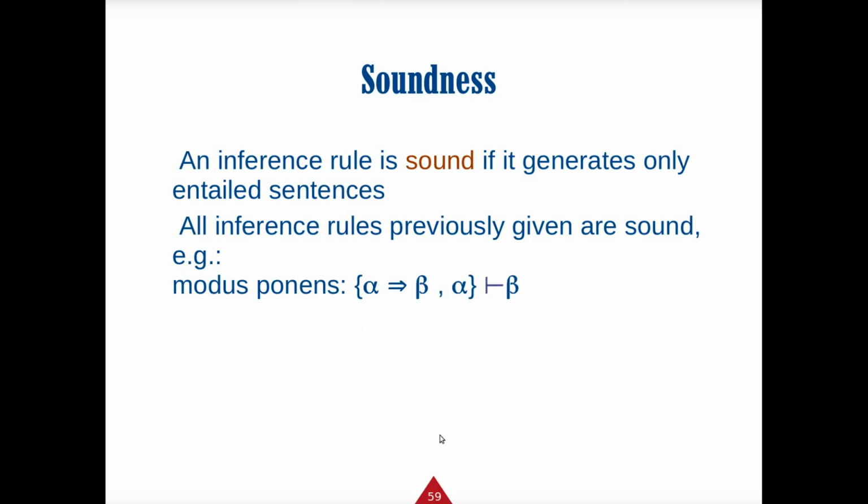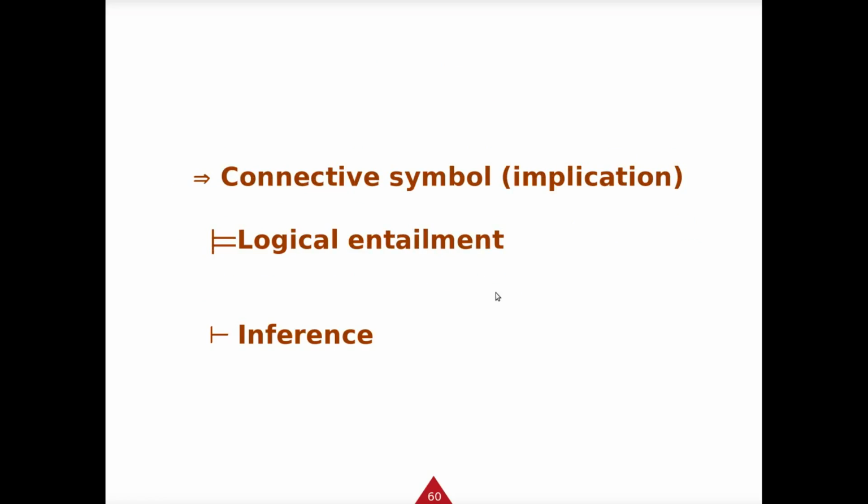And so an inference rule is sound if it generates only entailed sentences. So all inference rules that are previously given are sound. So modus ponens is for this: alpha implies beta, alpha infers beta. Basically, what soundness is saying is something is sound if we use the prior rules to define it.